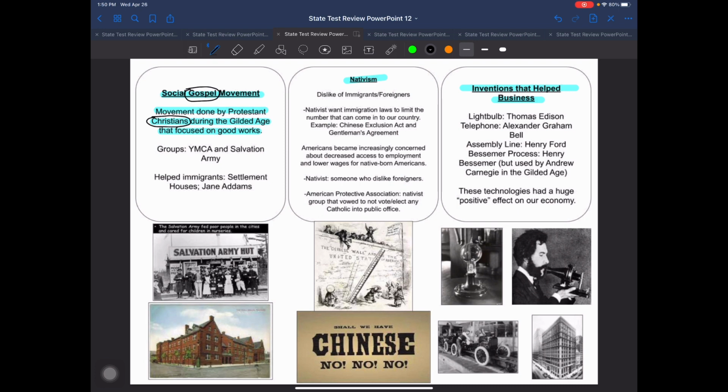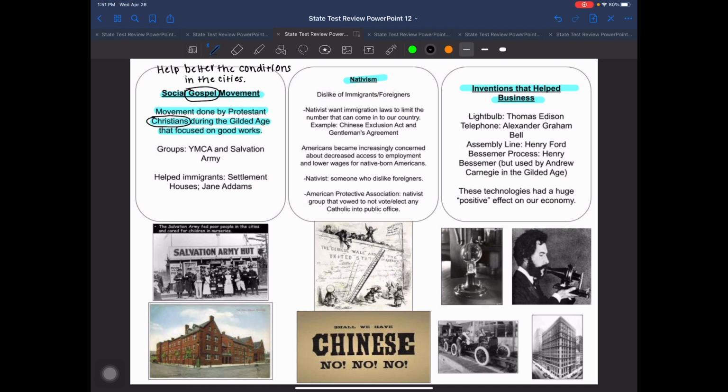And the main thing that they wanted to do with this movement is they wanted to help better the conditions in the cities. All right, and they want to do it based off of their religious beliefs of helping the less fortunate.